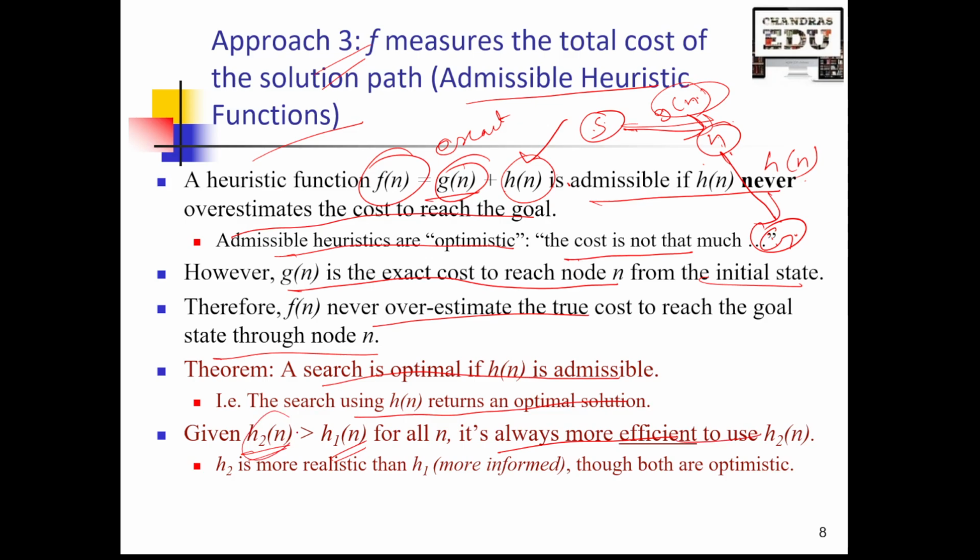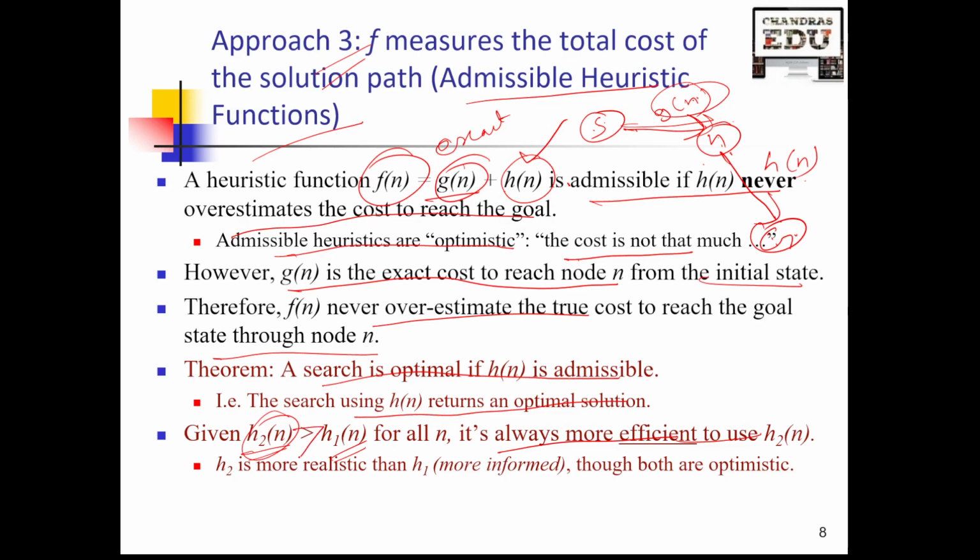Here the greater value indicates it takes lesser time, or we can say lesser cost, so h2 will be more preferable than h1. It is not about the distance. h2 takes the lesser cost and h1 takes the more cost.